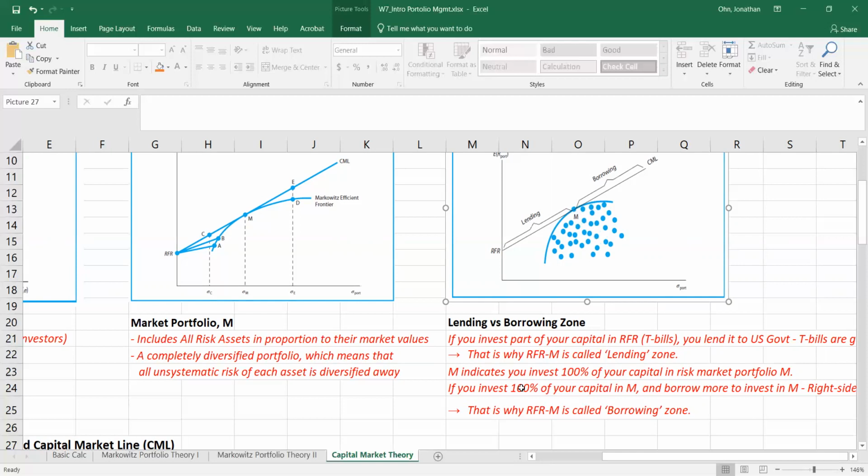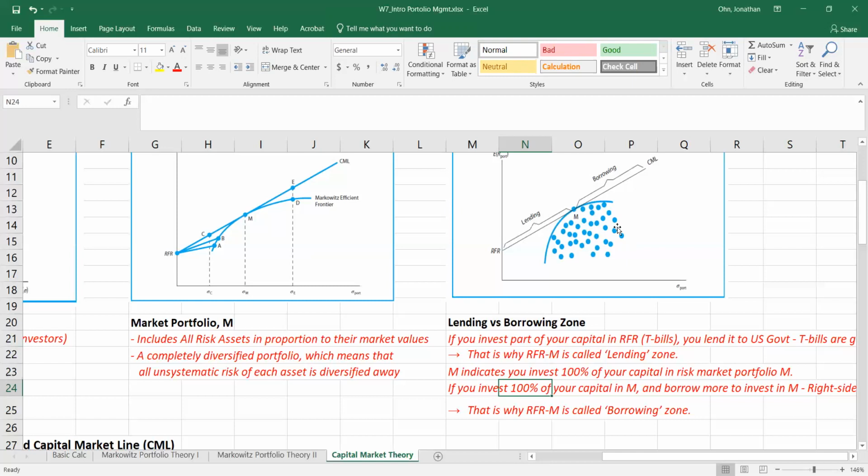So you invest 100% of your capital in M and borrow more to invest in M. In this case, you borrow more money and then invest your capital and the borrowed capital, the total, in the market portfolio. That's why it's called the borrowing zone.